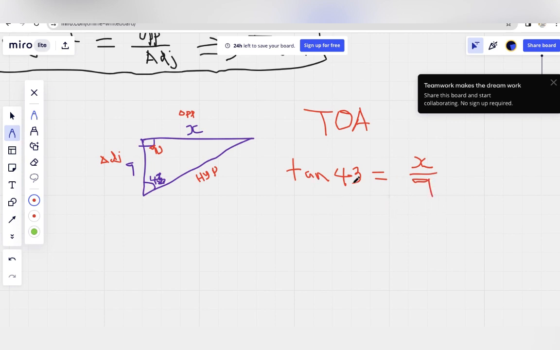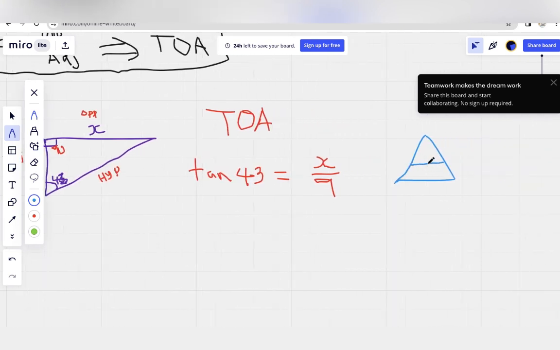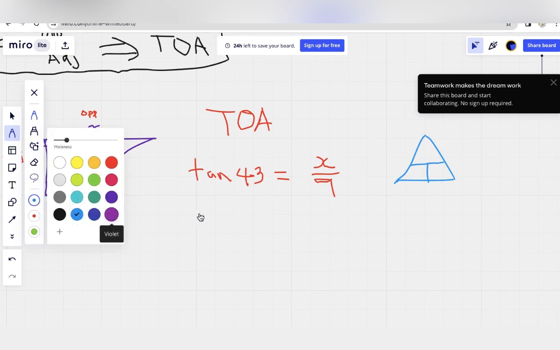The next step is to cross multiply, or we look at this blue triangle rule. Here is tan.